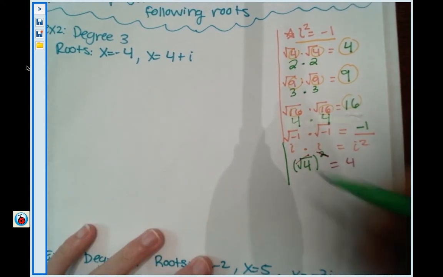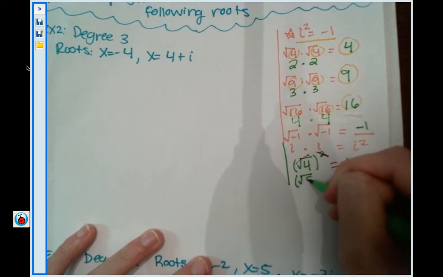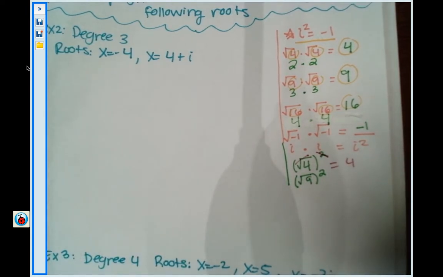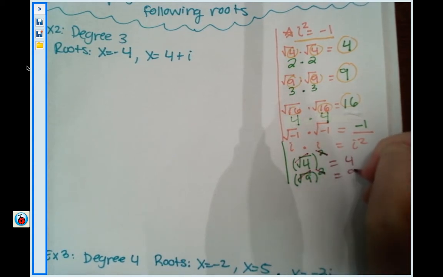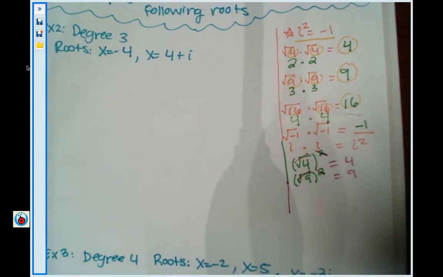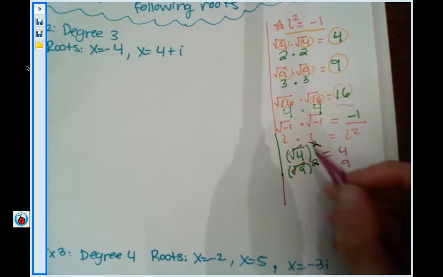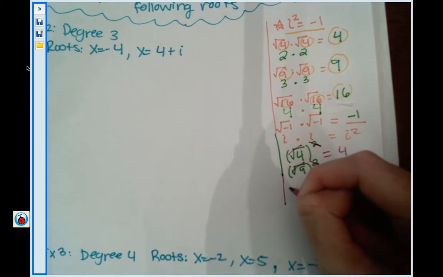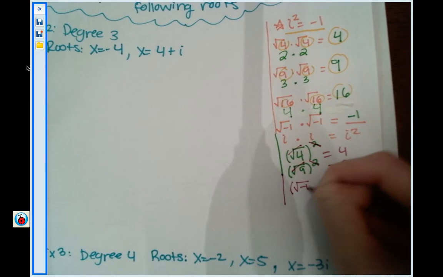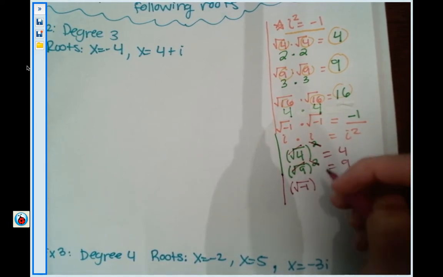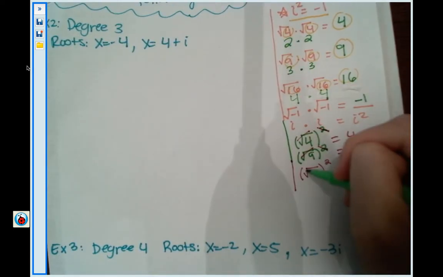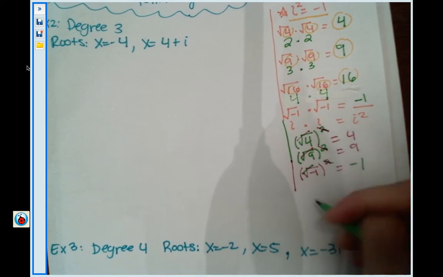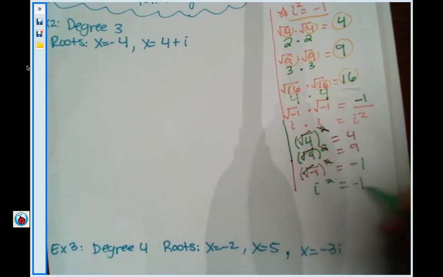Same thing when we square the square root of 9: the square and the square root are inverses, so they cancel each other out. The same idea can be applied when we square the square root of -1. Because the square root of -1 is i, this is like we're squaring an i. So these two will cancel each other out, and we're left with -1. So that is why i squared equals -1.